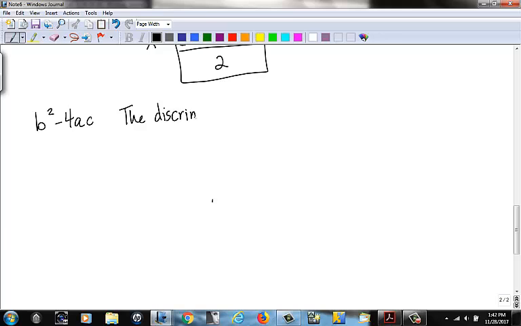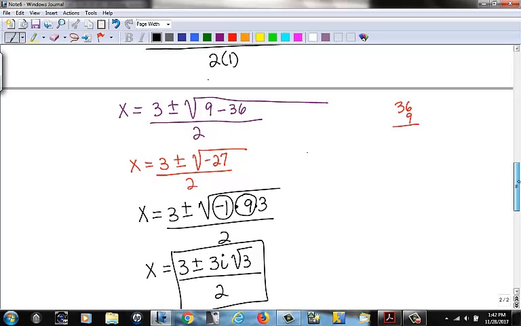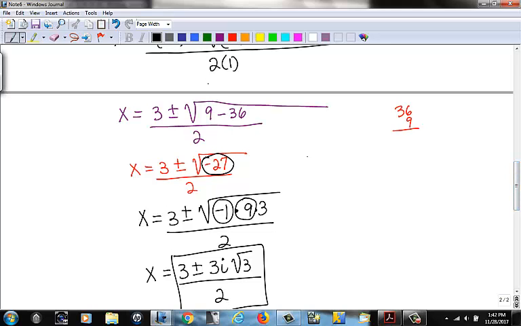You can tell what your answers are going to be like, whether they're real, rational, irrational, or imaginary, by looking at just the discriminant. If I look just at that value, a square root of a negative, you know it's going to be an i value. It's going to be a complex root.